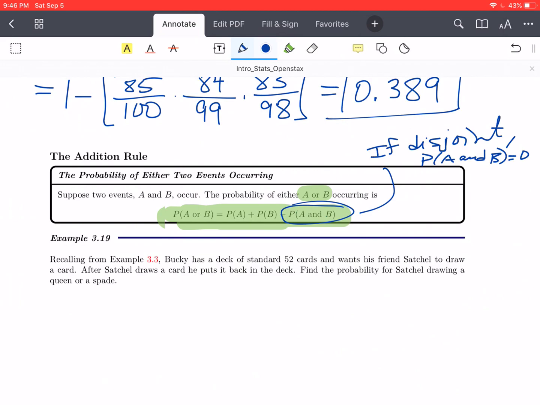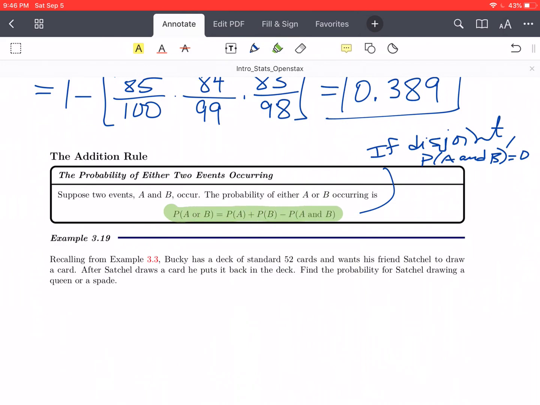However, if we are dealing with things that are not disjoint, okay, so not mutually exclusive events, then we have to subtract out that overlap. Okay? And what's happening here is we're actually subtracting out a double count. Okay? And I'll show you in this example.